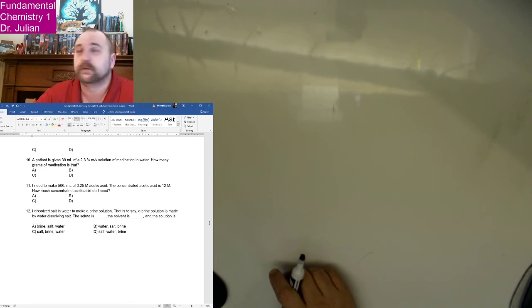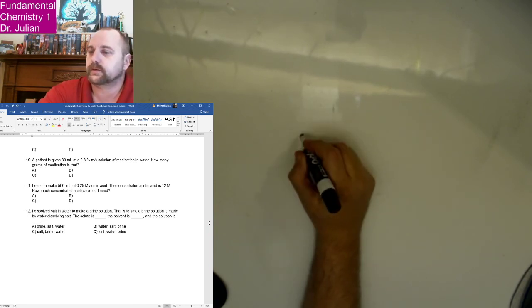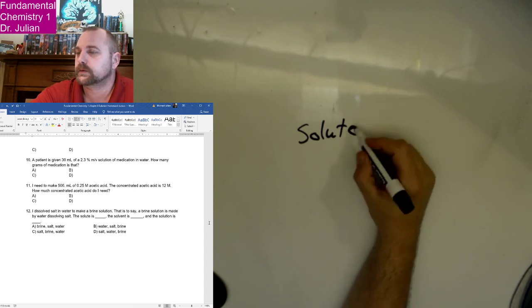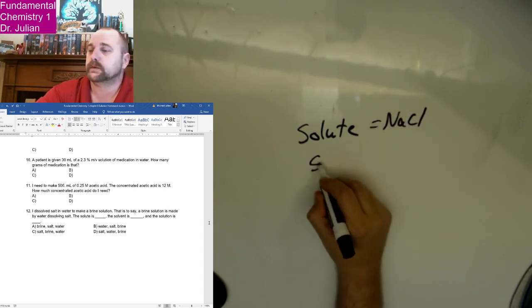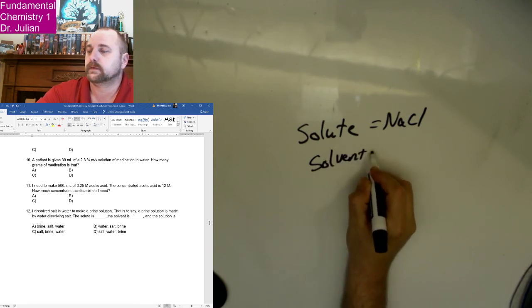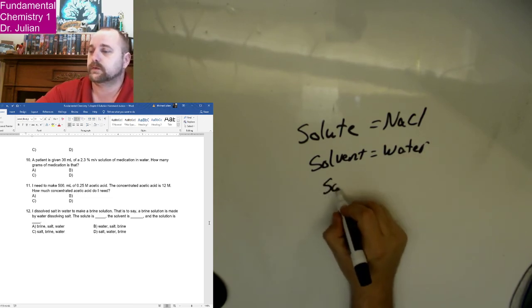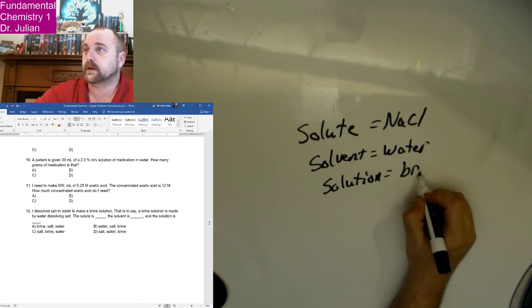So then the next one: dissolve salt in water to make a brine solution. The solute is salt, the solvent is water, and the solution is brine.